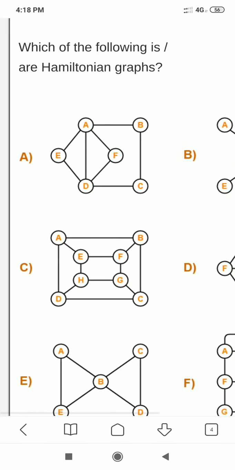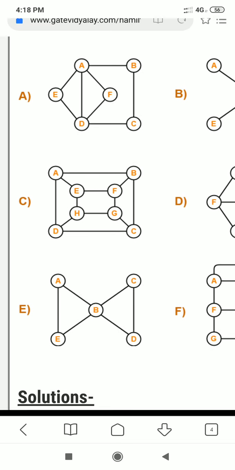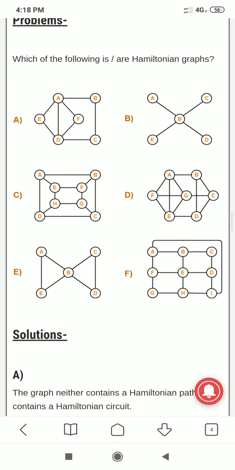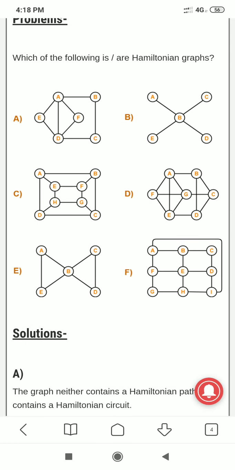This is your home task. There are those 6 graphs which are to be examined, whether they are Hamiltonian or not. Take it as an assignment, and I will give different kinds of assignments to check whether a graph is Hamiltonian or Euler in the next class.